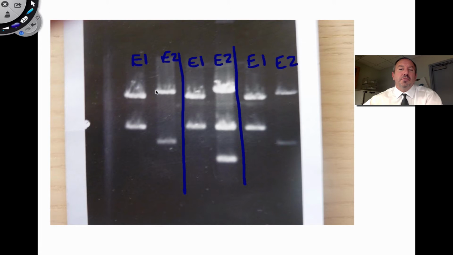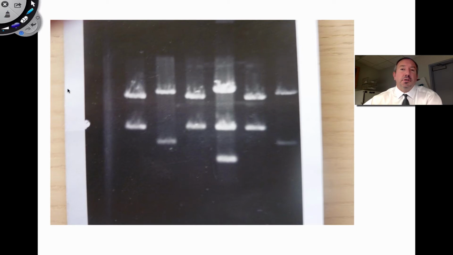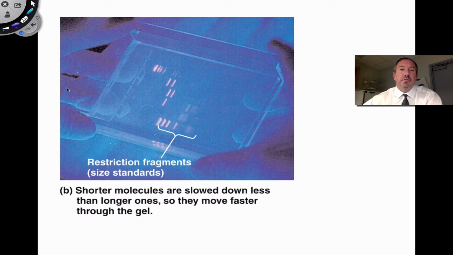And so this is kind of a basic principle, but you can use digestion of DNA at particular sites with restriction enzymes to identify differences between individuals. And so this is something, if you're familiar with this, known as DNA fingerprinting. So that's pretty cool. So that's a useful forensic type of situation.